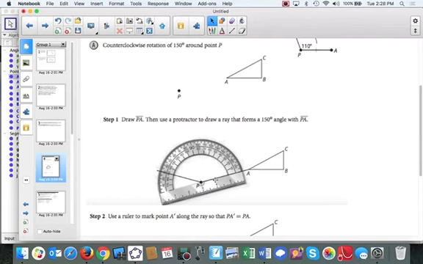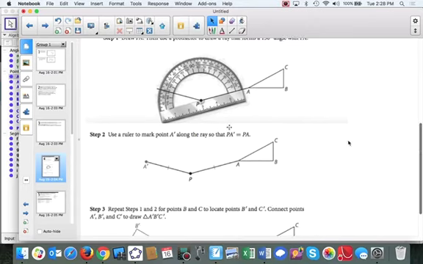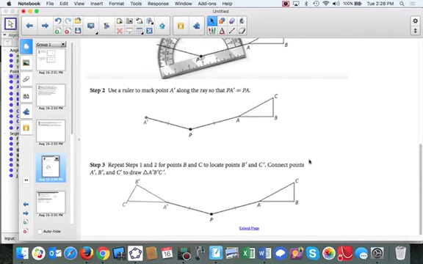And then using a protractor, they made a 150-degree angle with PA. And then they use a ruler to mark a point A prime on this ray so that PA prime is equal to PA. And then they repeat those steps for B and C, connect the dots, and there's triangle A prime, B prime, C prime.